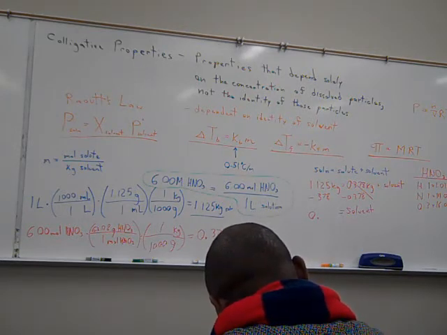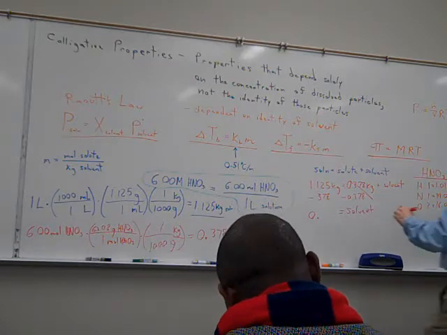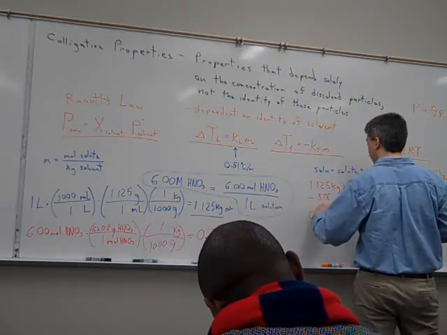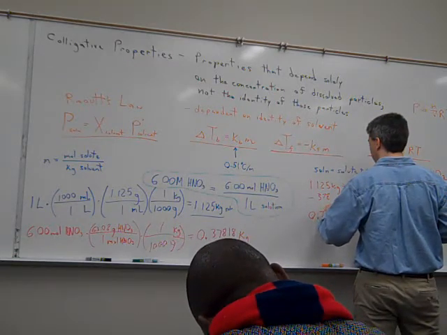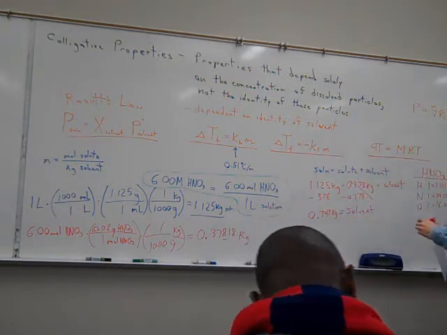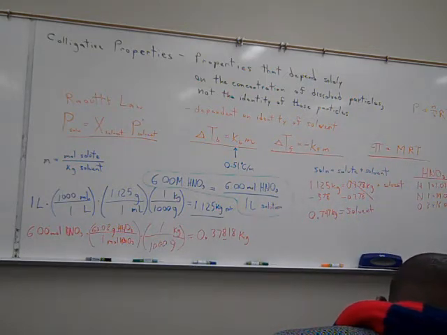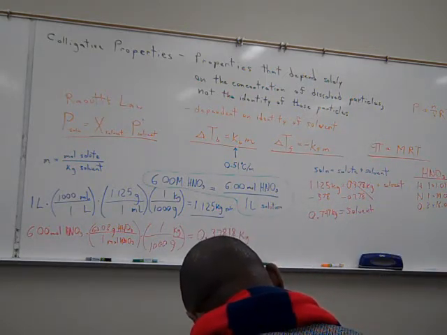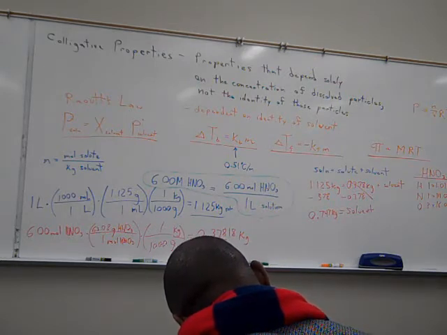What is it? 0.747. Okay, so 0.747 kilograms of solvent. Good.